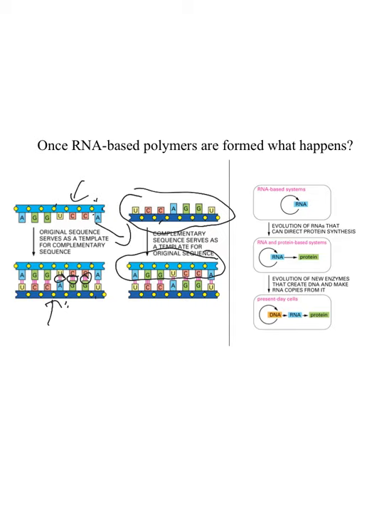So the way we think it worked is in the primordial soup early on, RNA-based systems evolve. Eventually they form the ability to self-replicate. That's what that little looped arrow is showing. One will potentially evolve that can then build a protein from that RNA sequence. And then one could think of going backwards from RNA to DNA, and this is what we have in present-day cells.